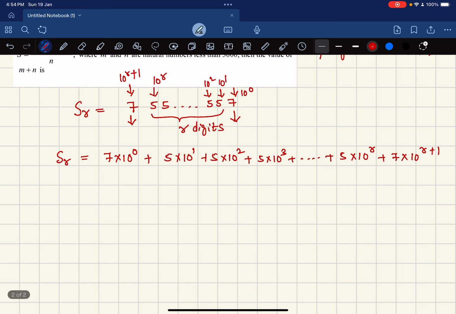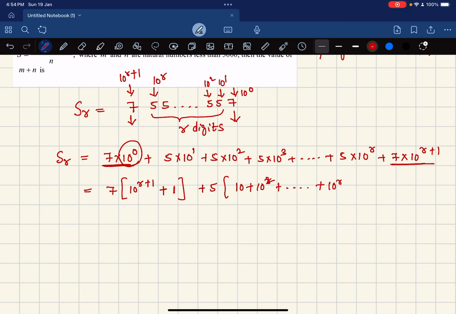This is SR. Okay, so let us club these two terms. So that will be 7 into 10 to the power r plus 1 plus 1, plus 5 times 10 plus 10 square plus and so on up to 10 to the power r.